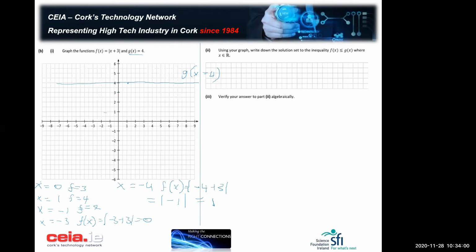But the annotation tools have a lot to be desired. X is equal to minus 1, f is equal to 2. X is equal to minus 3, f is equal to 0. X is equal to minus 4, f is equal to 1.